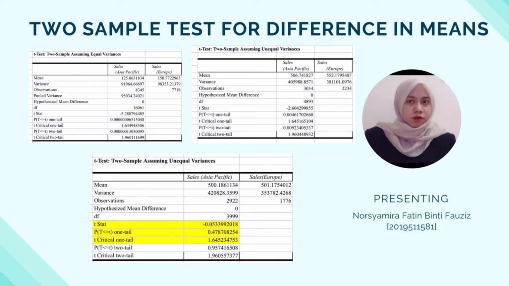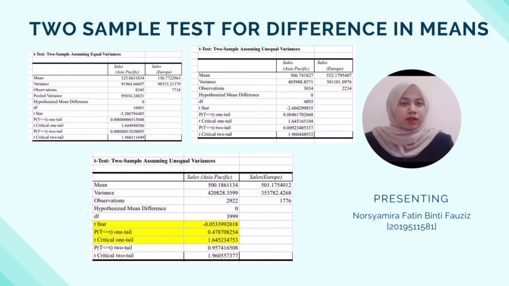So therefore, we would like to test whether the average sale of office supply at Asia Pacific is equal with Europe. As the conclusion, the T statistic value is negative 5.280 and the critical T value two tail is 1.96.